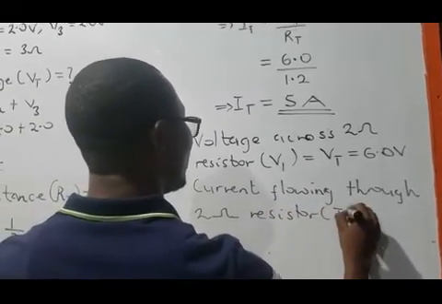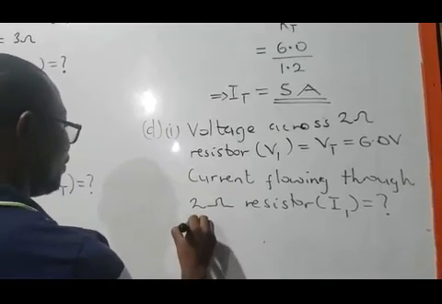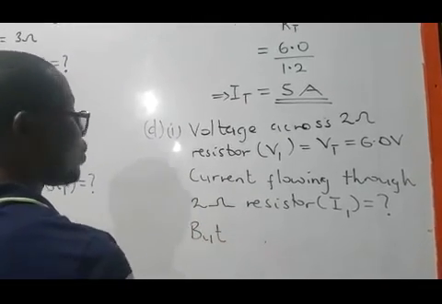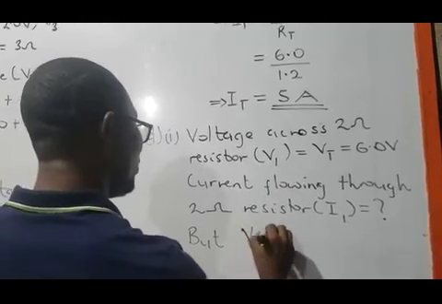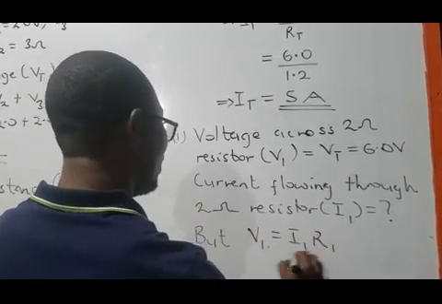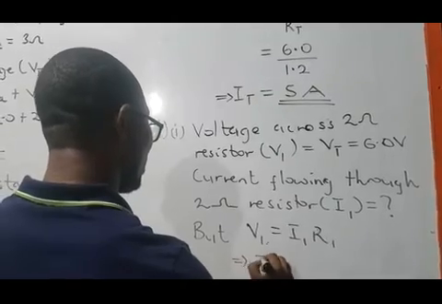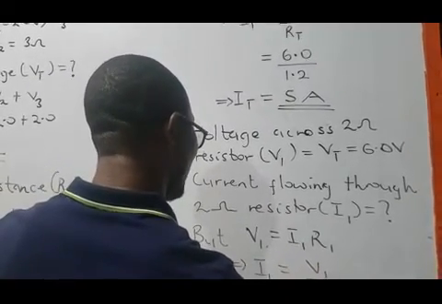That is I1. By Ohm's law, V1 will be I1 times R1. So if you make I1 the subject, that will be V1 over R1.